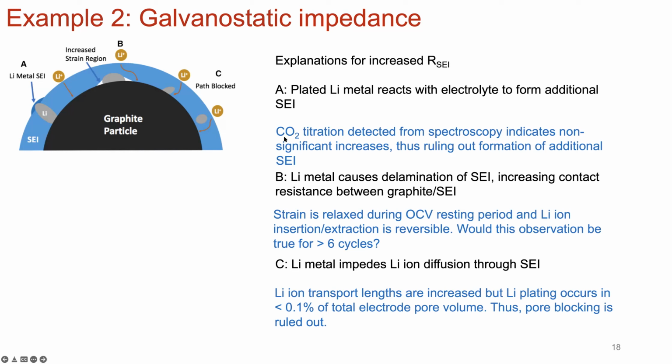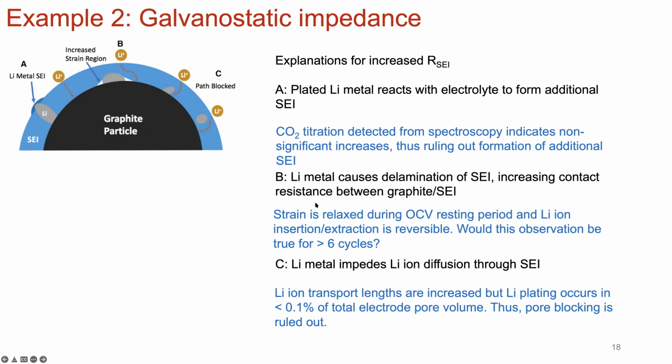Well, it appears that that's not the case, because if the SEI were growing, that means you're having some decomposition of the liquid electrolyte, and that's helping to grow this SEI. And so you can detect carbon dioxide from mass spec, but the amount that's detected is pretty constant. So that really doesn't point towards this first mechanism.